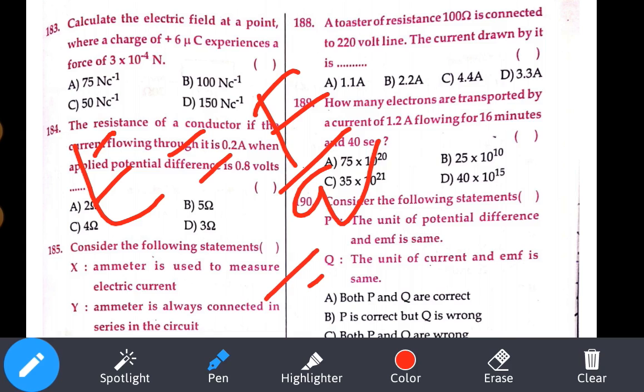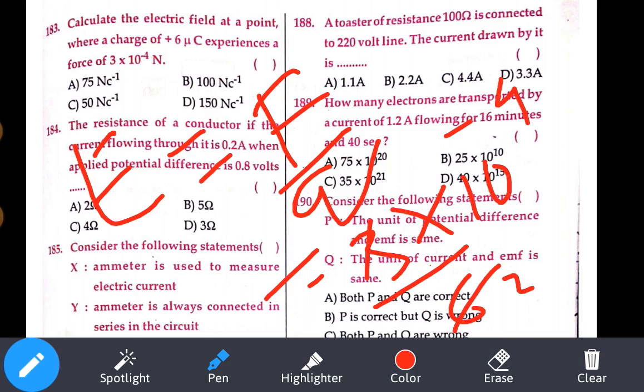What is the F value? They have given 3 into 10 to the power of minus 4. What is the Q value given? 6. So 3 by 6, 1 by 2, means 0.5. Wait, 6 microcoulomb they have given, so 10 to the power of minus 6.